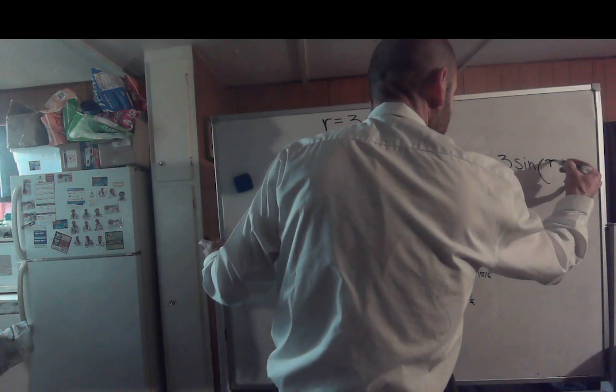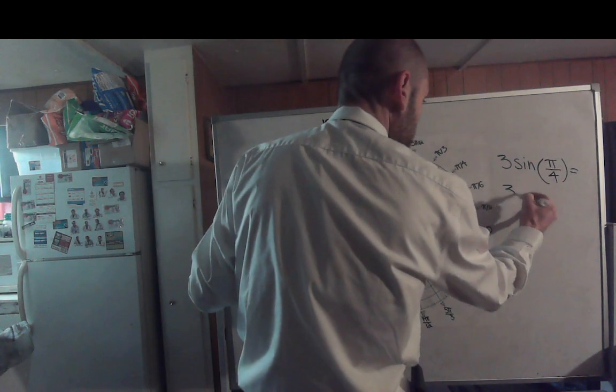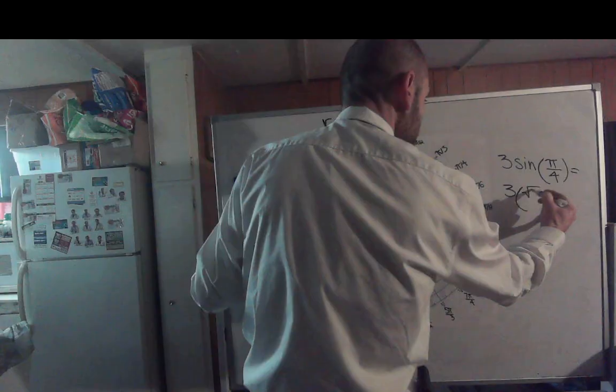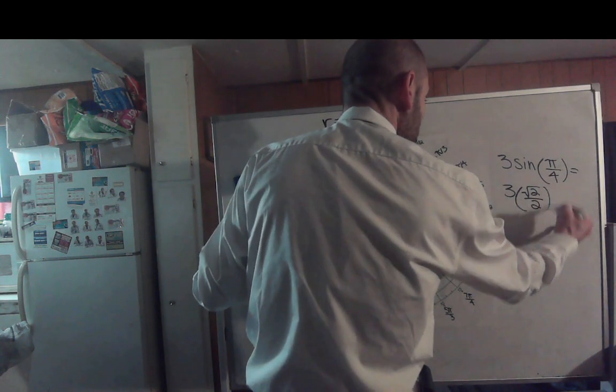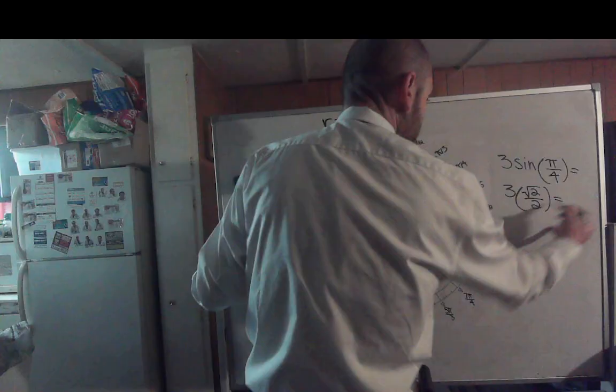Now let's go ahead to the next special angle. That's pi over 4. So if we do the sine of pi over 4, well, we know that's the square root of 2 over 2, so you'll have 3 times the square root of 2 over 2, which is just that.